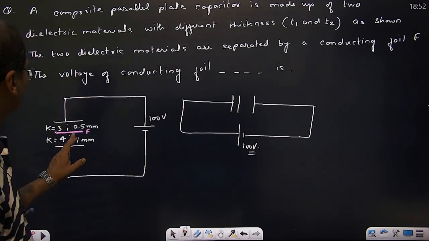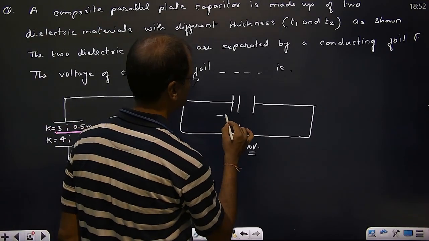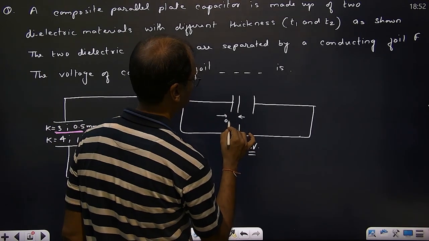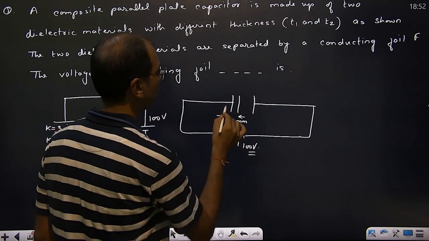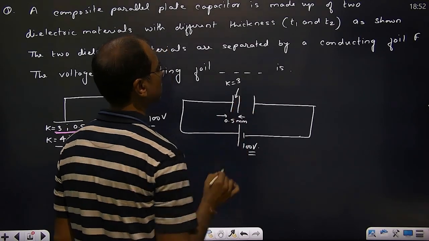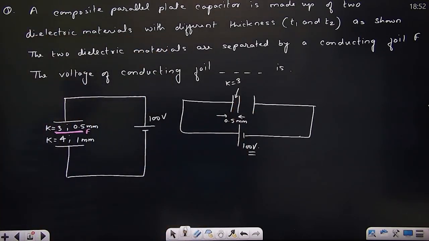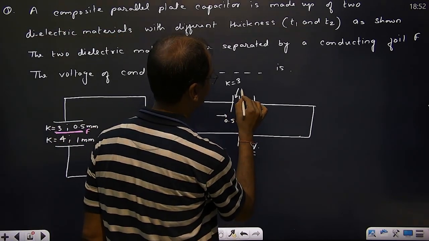Now he says this is 0.5 mm. That's the gap between them. Okay, this is 0.5 mm, and here dielectric constant 3 is there. Then another one is 1 mm. So here gap is 1 mm. I have intentionally made it bigger.